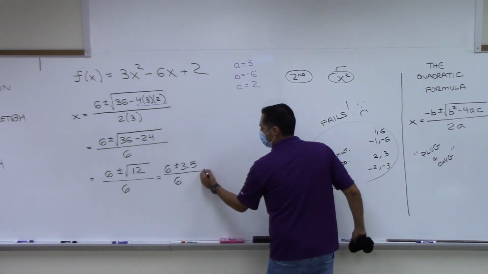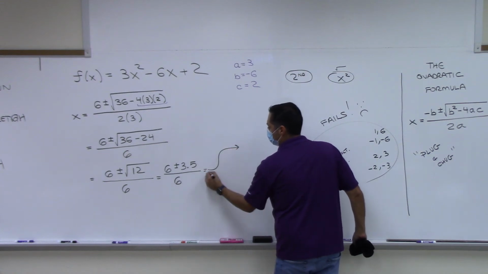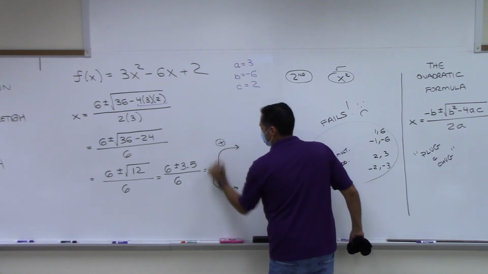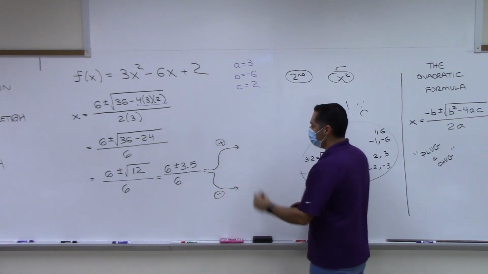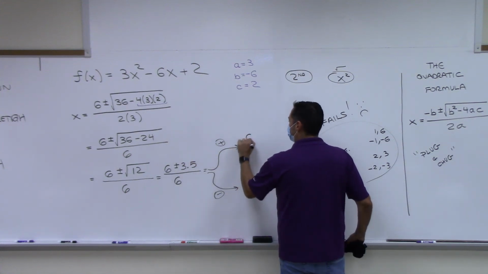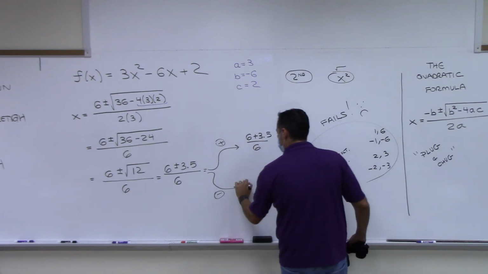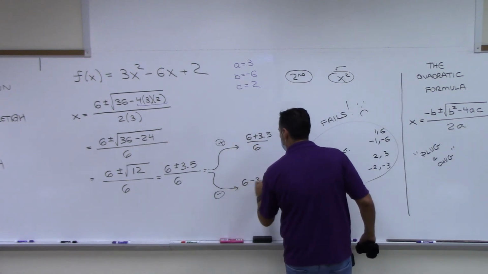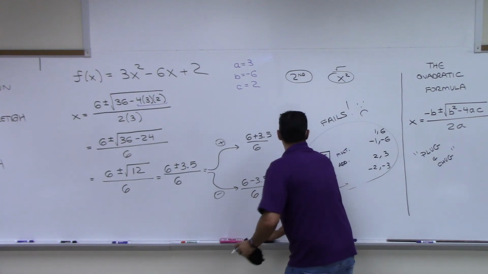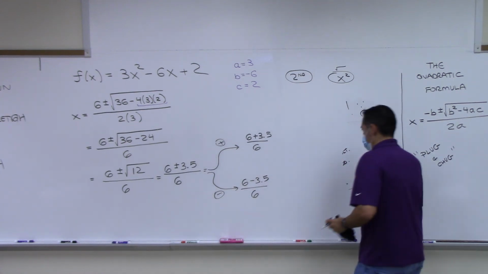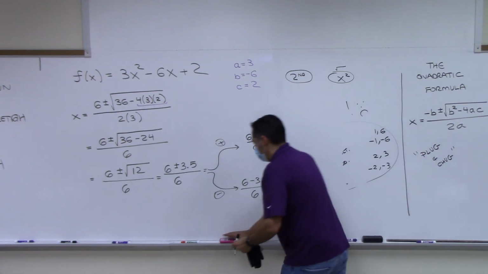Okay, so now we have two answers, plus and minus. So what we do first is we do the plus symbol. We do 6 plus 3.5, and then divide that by 6, and then we do 6 minus 3.5, and then divide that by 6. So I'm going to do that on my calculator.